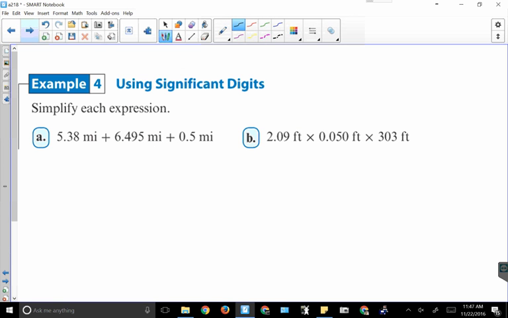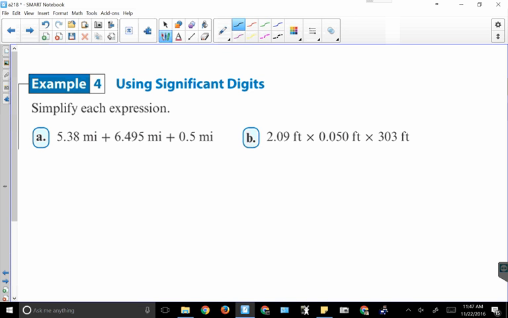Which one should it be? 1 place, because that's as accurate as you can. This 0.5, I don't know if it's 0.501, 0.495. I have no idea what it is. I just know it's going to be 0.5.